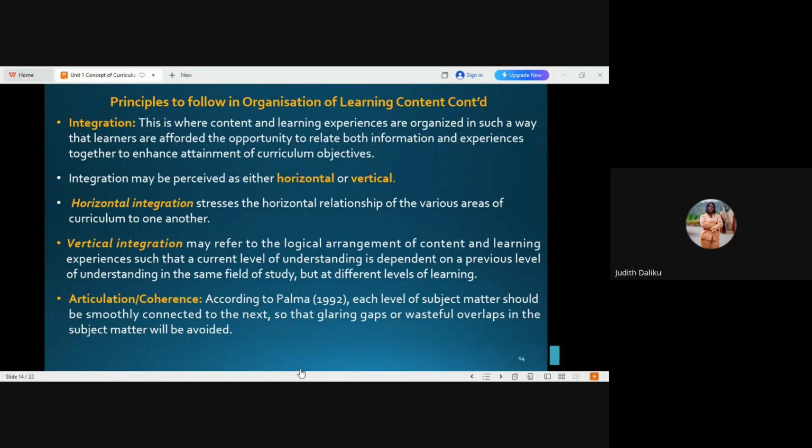So we did. So the question one would have asked is that's one of the things we do under this point of articulation and coherence, to ensure that this overlapping of topics in different subjects is minimized. So that you don't see topics repeating themselves in RME and repeating themselves in Our World Our People, because the same learner is going to learn these two subjects. So that's what articulation seeks to address.